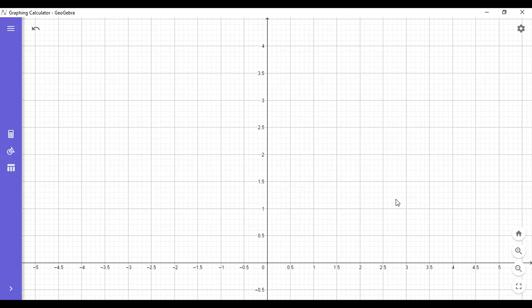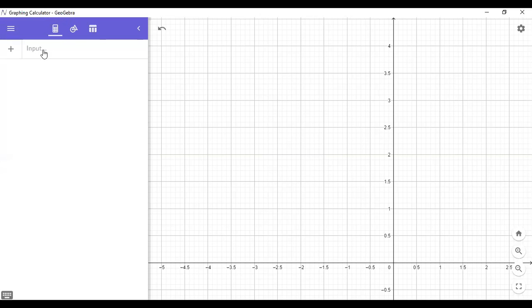Here I am on my screen of GeoGebra now. As you can see, we have got the x-axis ranging from minus 5 to 5. So the interval is taken as 1 centimeter is 1 unit here. And now I'm going to input my equation.